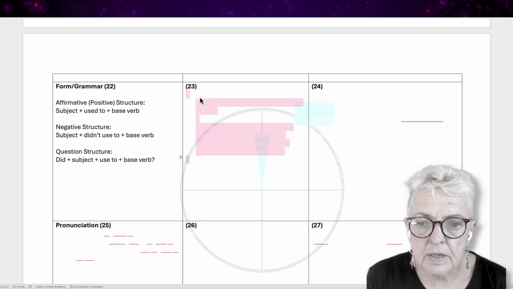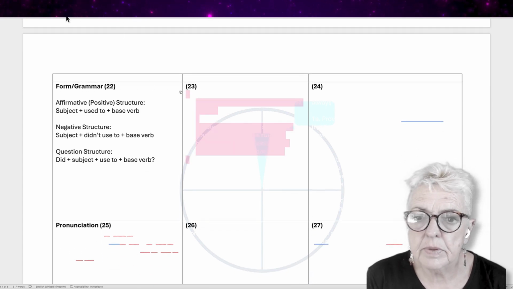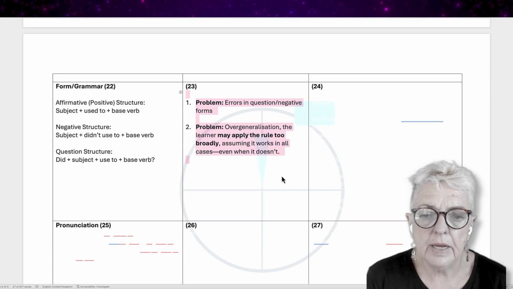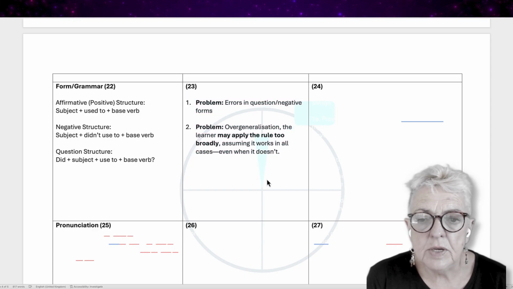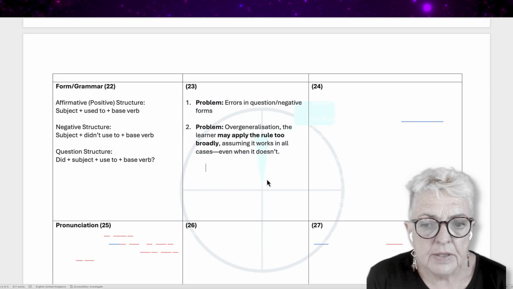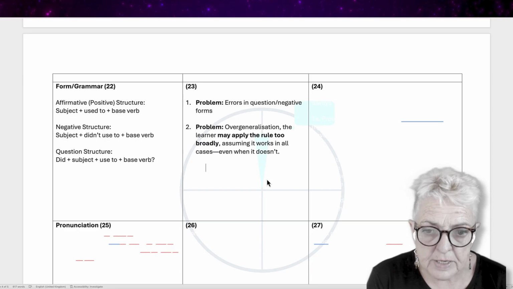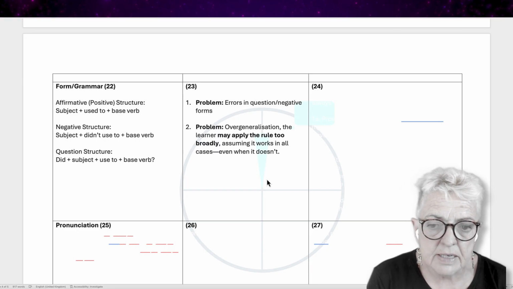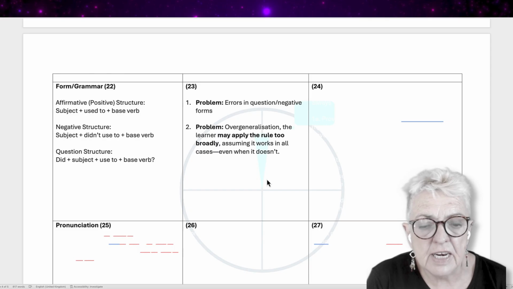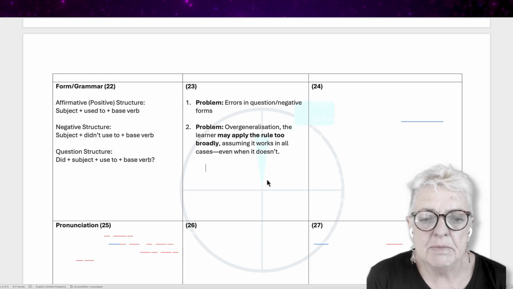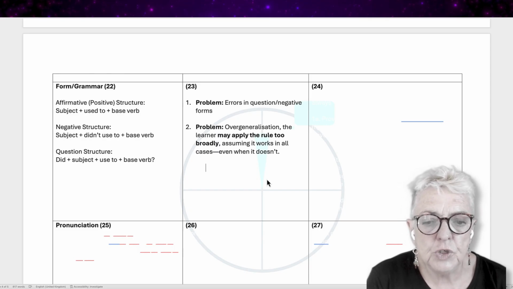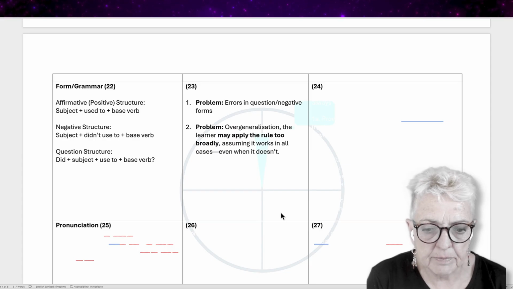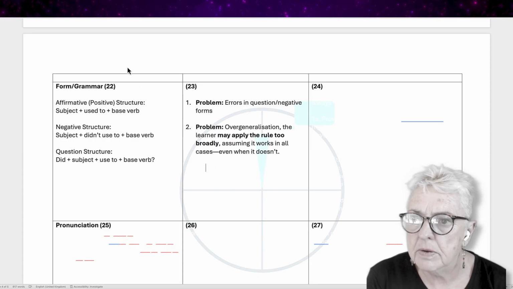Okay, let's have a look what I've got here. Okay, errors in question, negative forms, and there's another, so this is where students I anticipate may make errors, and the problem of overgeneralization. The learner may apply the rule too broadly. Okay, is there any more there? I don't know.